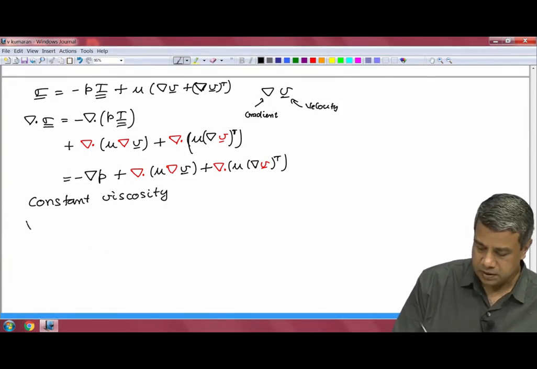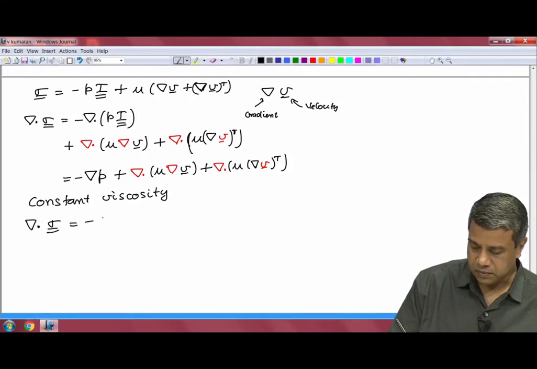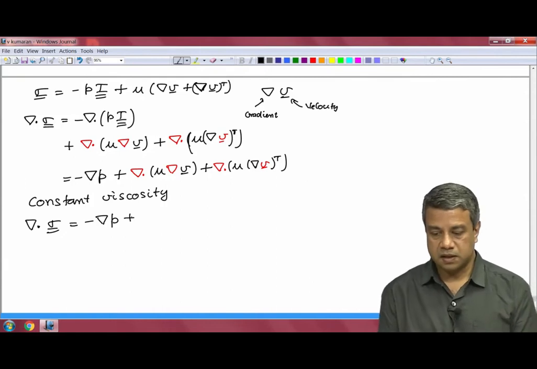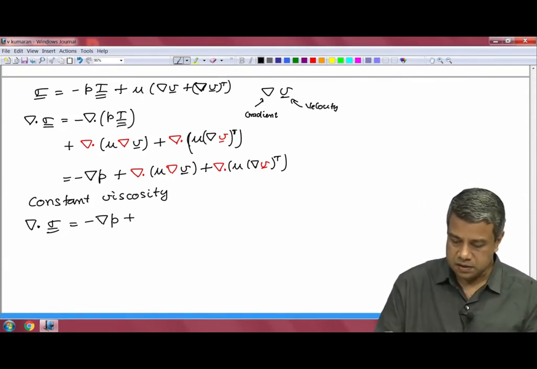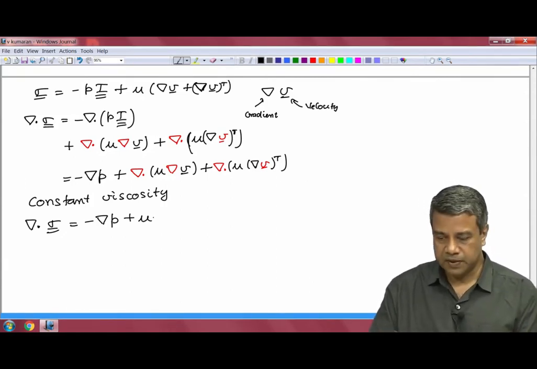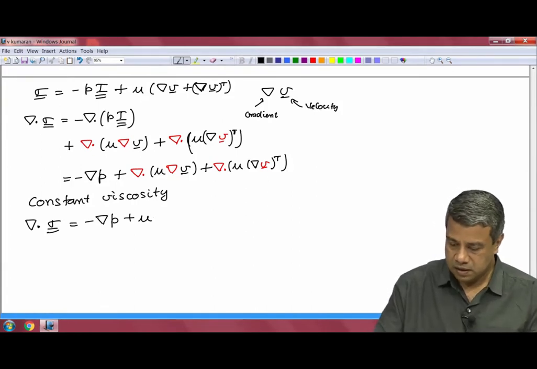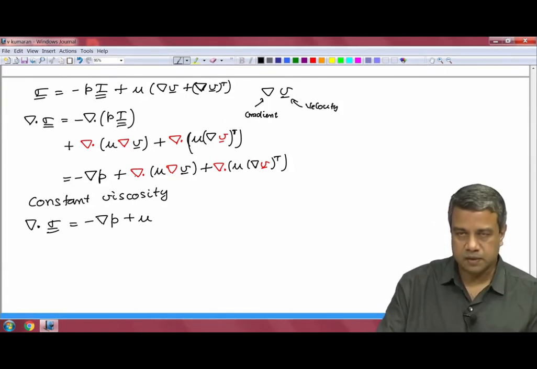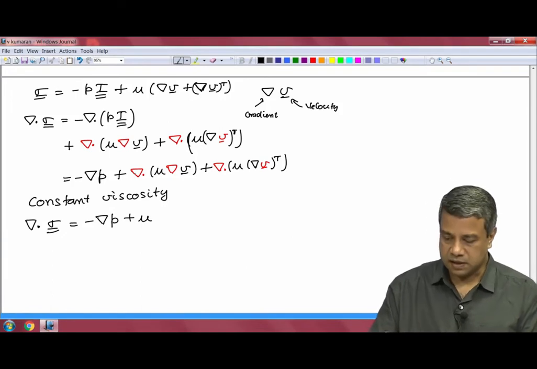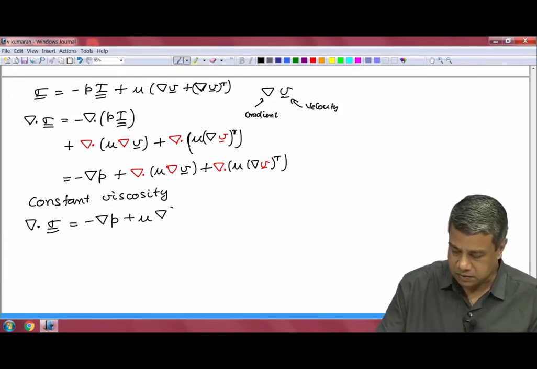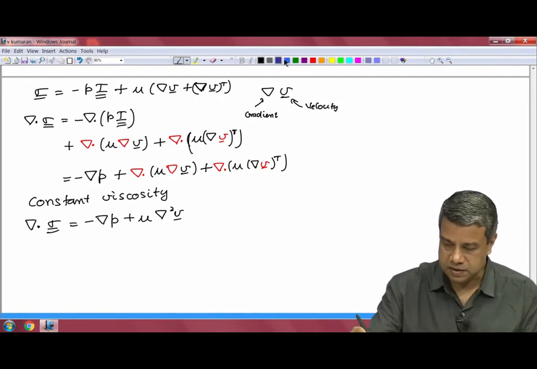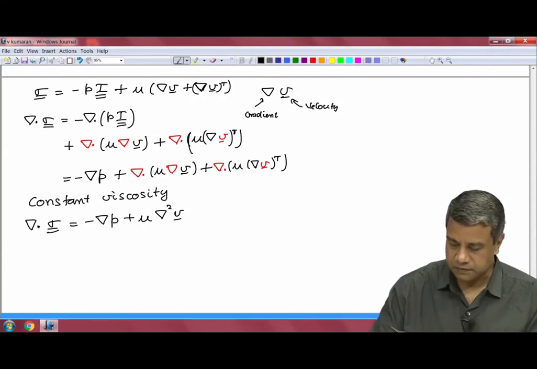Then the divergence of the stress is equal to minus the gradient of the pressure plus viscosity, which is a constant, so I can take it out. The dot product between the divergence and the gradient gives me del square V, the Laplacian of the velocity vector.